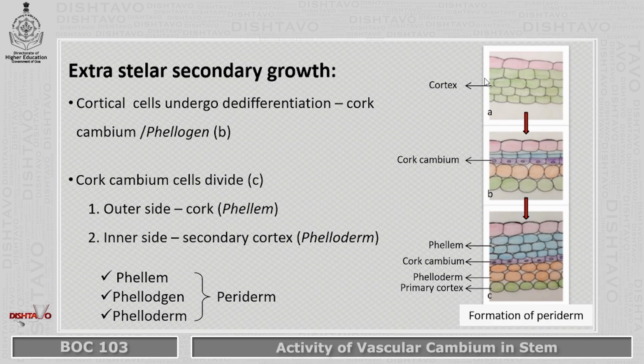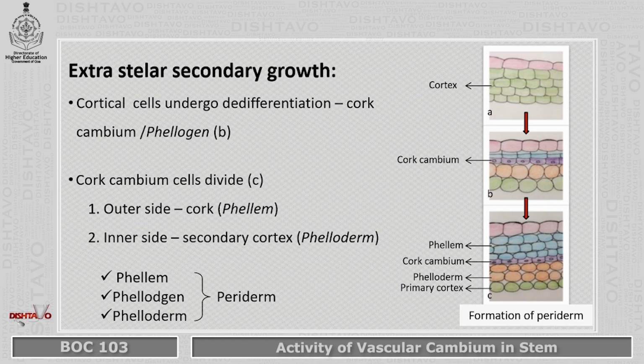In this, the outermost cortical layers undergo dedifferentiation to form a cambium which is called cork cambium or phellogen. This layer of cells forms parenchymatous tissues towards the outer side as well as towards the inner side. The cells which are formed towards the outer side are called phellem. The cells which are formed towards the inner side are called phelloderm.